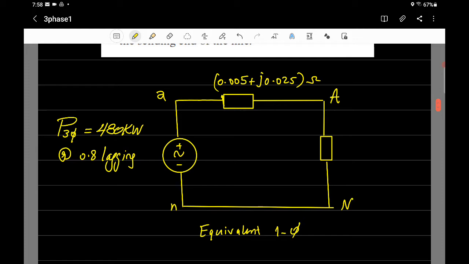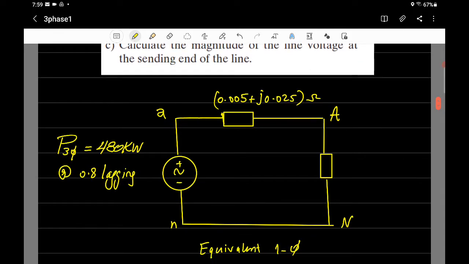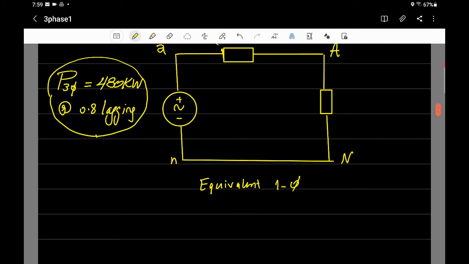So what do you need? I first have to write the information of the load here. I just write 480. Oh no, that's a single phase. So what should you do? You've got to convert this into one single phase value. How do you find that? It's easy, you remember?